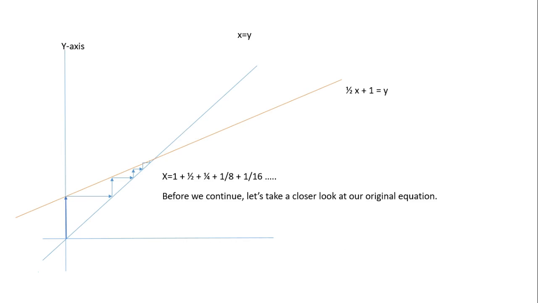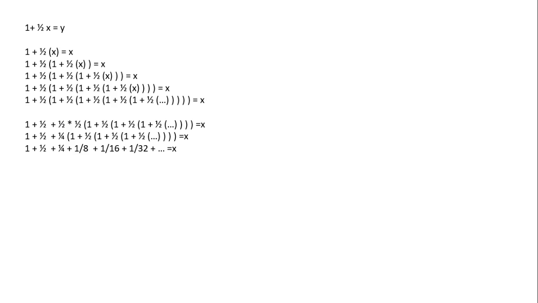But before we go on, let's take a quick look at the equation we used. I started off with 1/2 x plus 1 equals y. Now, let's just say that first we set one side of the equation equal to x. So 1 plus 1/2 x equals x. Now, we already know what x is. x is 1 plus 1/2 x.